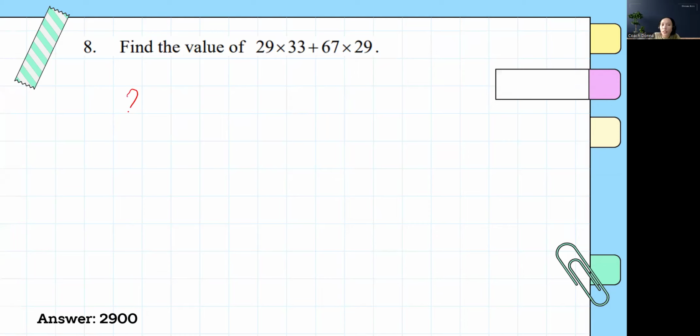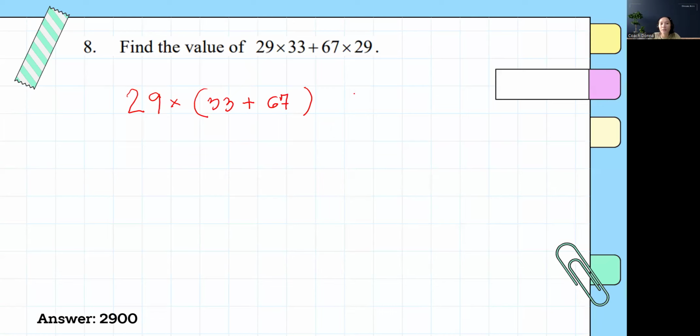We could actually take out the 29 and the multiplication sign and put the remaining numbers and operations inside the parentheses. Okay, we can do that if we're multiplying with a certain number. So you can do this.